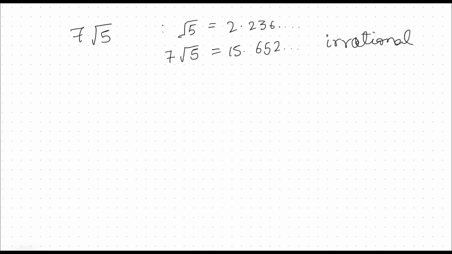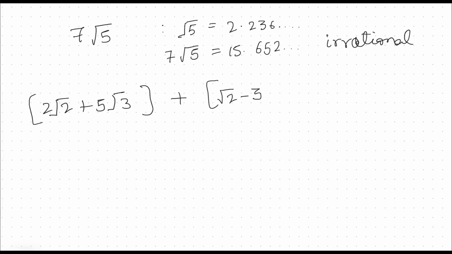If we had to carry out certain operations, for example, 2 root 2 plus 5 root 3, this is one number, and if we wanted to add this to root 2 minus 3 root 3, how do we go about this? This root 2 and this root 2 will come together.